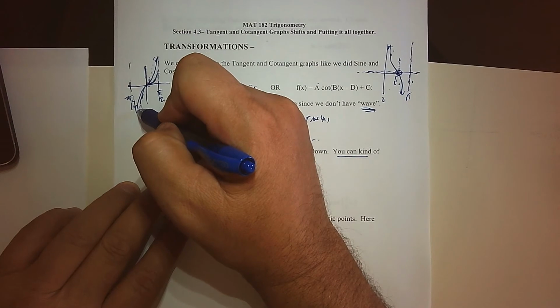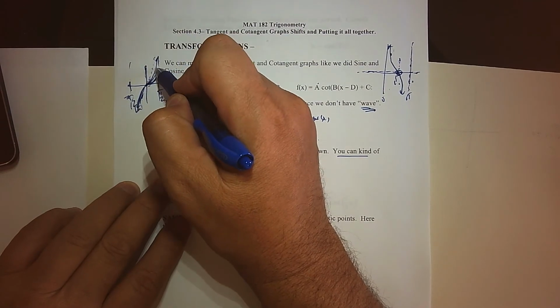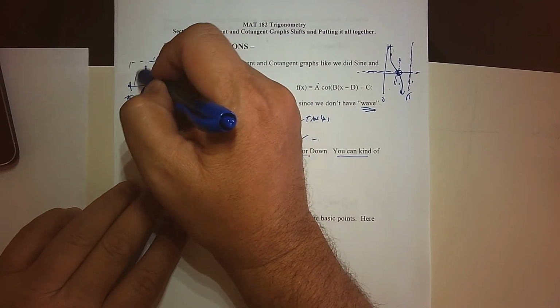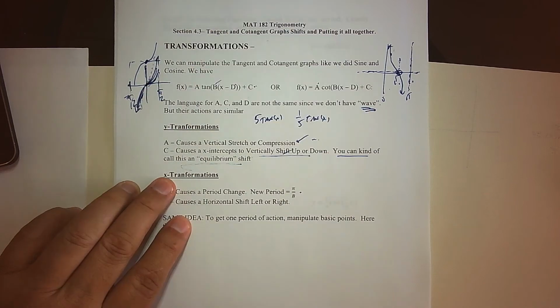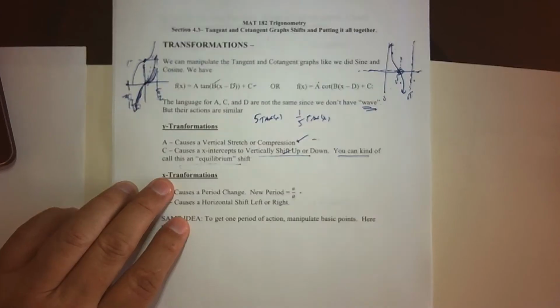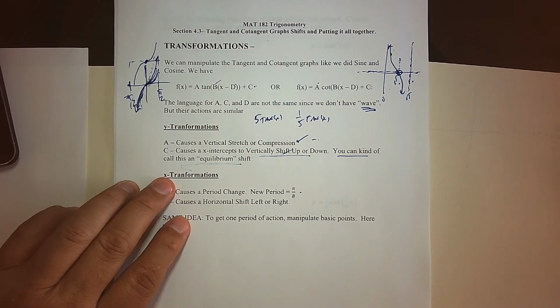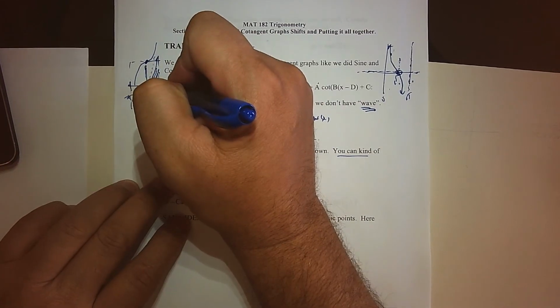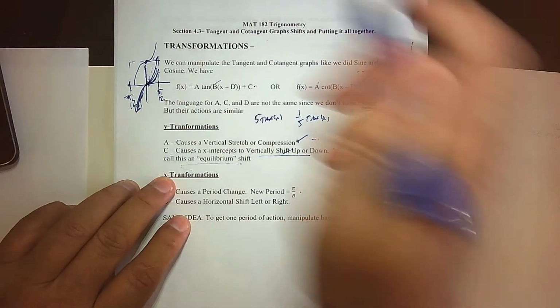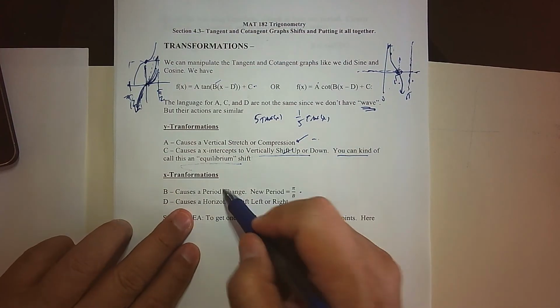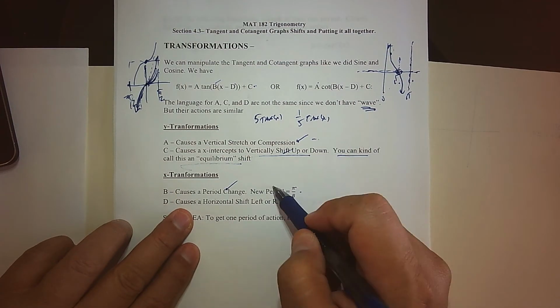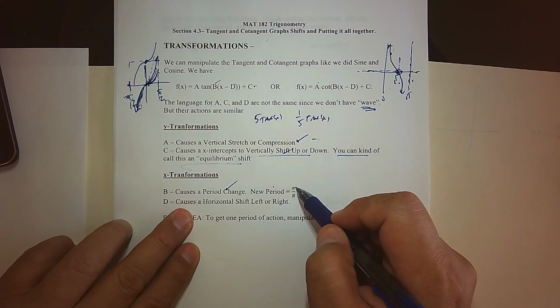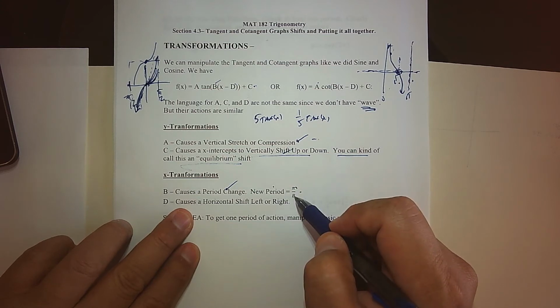So we start concave down and then concave up. If we were to shift that up, we'd expect to see that going on. As a matter of fact, we lost the x-intercept because we're no longer crossing the x-axis, but that's still somewhat equilibrium shift-like. What is also new is since the period is pi, the new period is that old period pi divided by b. So that's slightly new here.